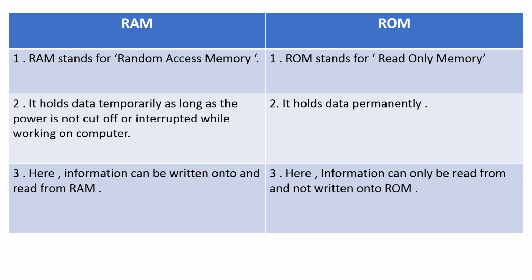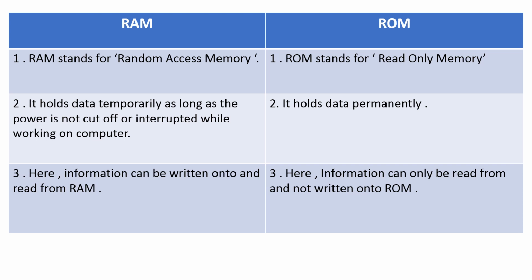Now, what is the third point in ROM? Here information can only be read and not written onto the ROM. Means the information stored here, you can only read it. You cannot overwrite it. You cannot make any changes. Only you will be able to read it. Why? Because that information is stored permanently and it is locked.